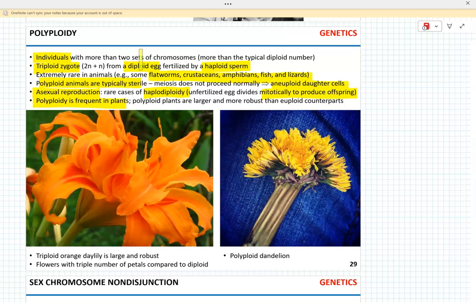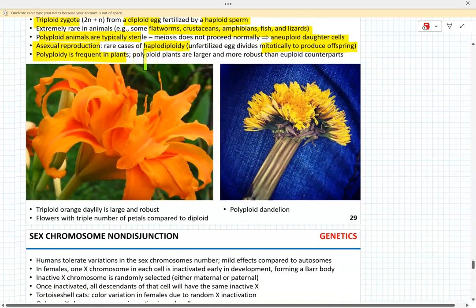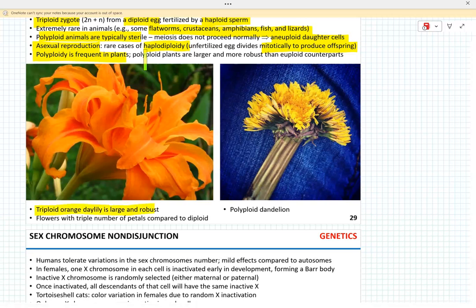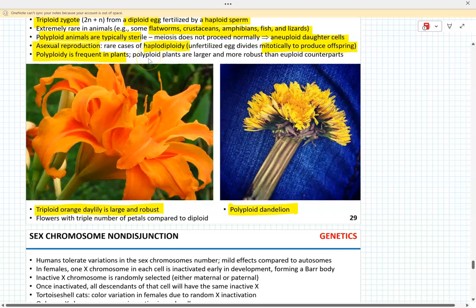Plants that are polyploid are usually larger and more robust. As you can see on this illustration, the orange daylily is triploid on this photograph, and it's large and robust, and flowers have three times the number of petals compared to diploid. And this is polyploid Endelian, which is, quite frankly, a bit terrifying.